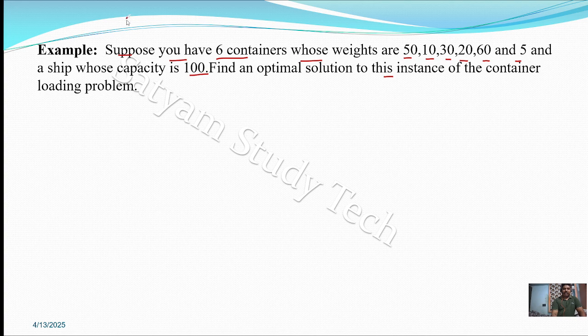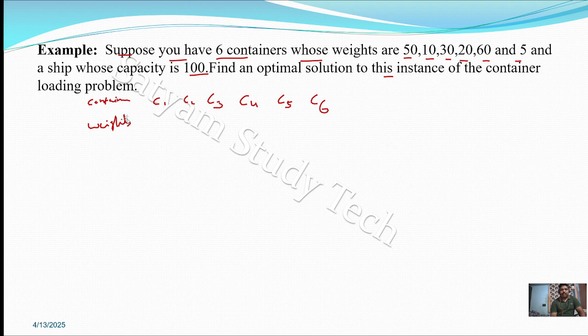Here there are 6 containers: C1, C2, C3, C4, C5 and C6. Each container has some weight.